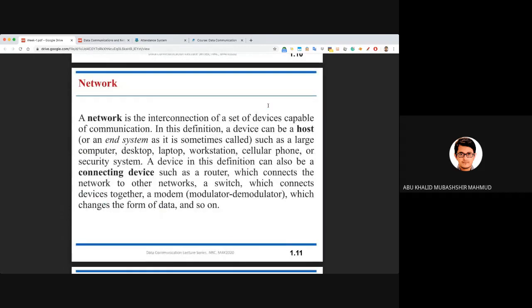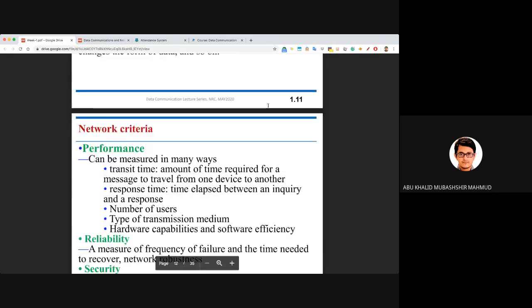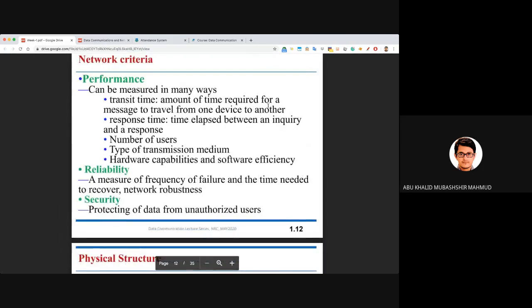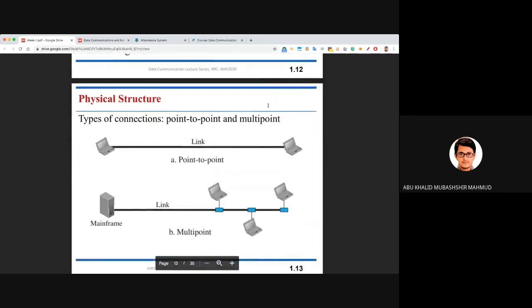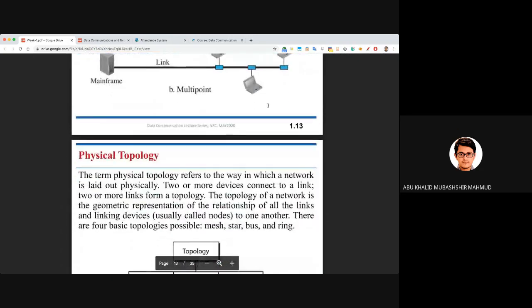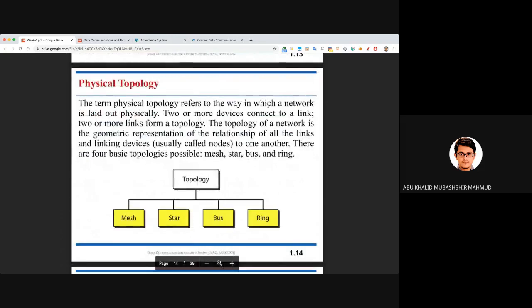For your next class, we will start from this slide, the network, and then we will discuss its performance, reliability, security, the physical structure, etc. And the most important topic that we will discuss in our next class is physical topology.